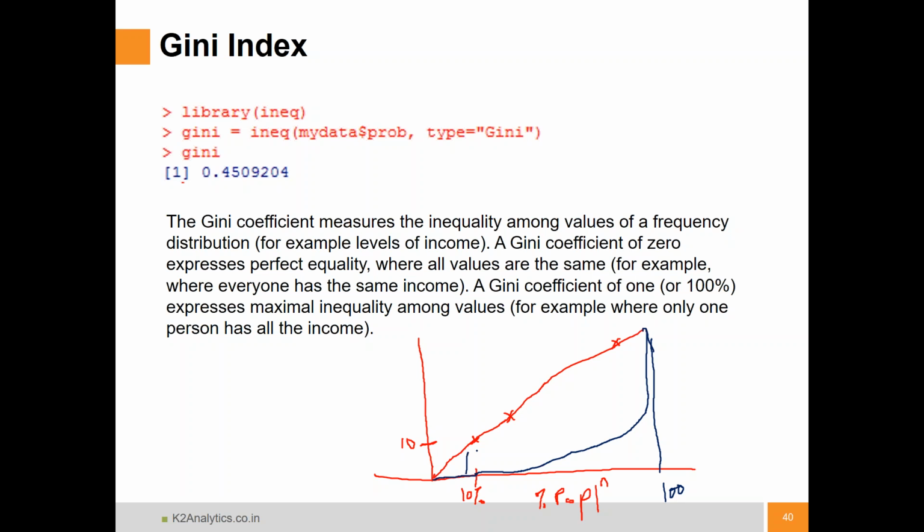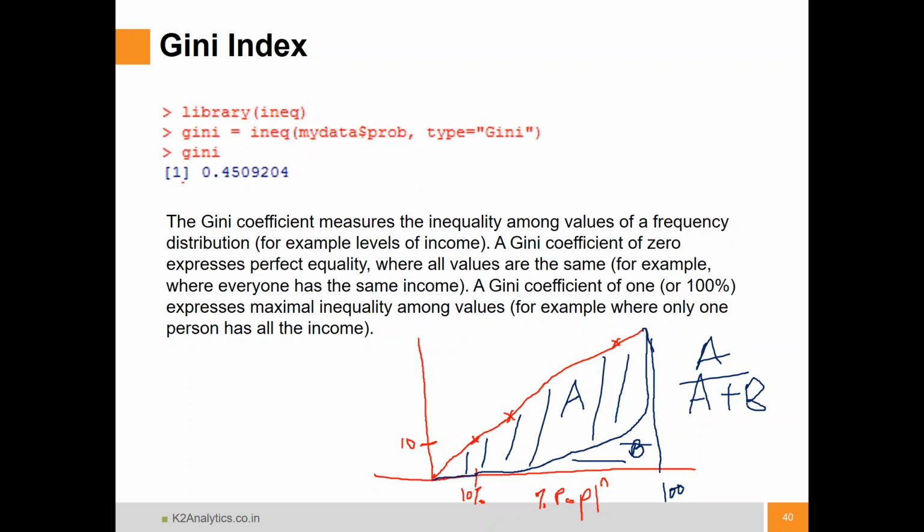This area, I call it A. This area, I call it B. The ratio of A divided by A plus B is called Gini coefficient.